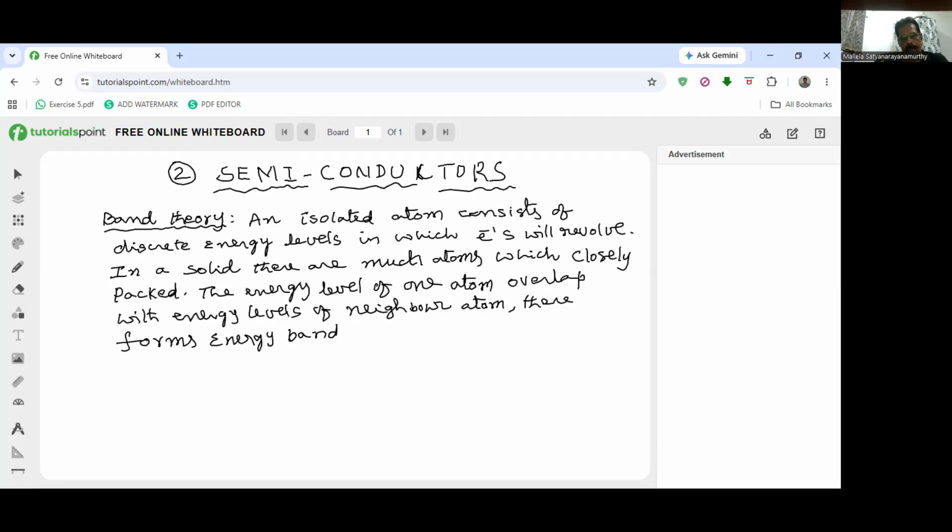So this is a very important band theory. There forms energy bands.